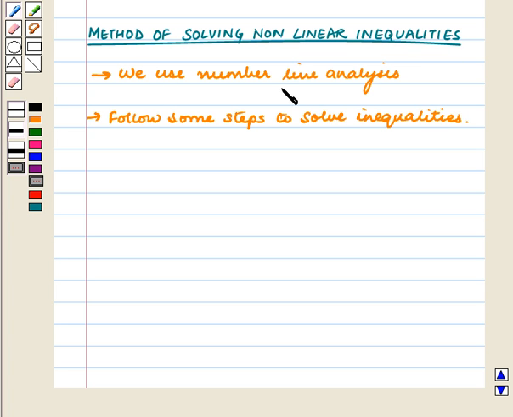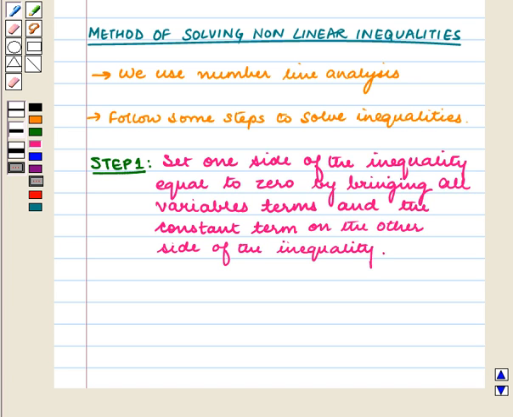We use number line analysis in finding the solution of a nonlinear inequality, and for this we follow some steps to solve inequalities. Step 1 is to set one side of the inequality equal to 0 by bringing all variable terms and the constant term to the other side.